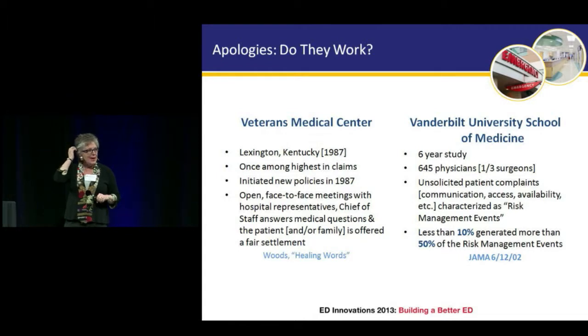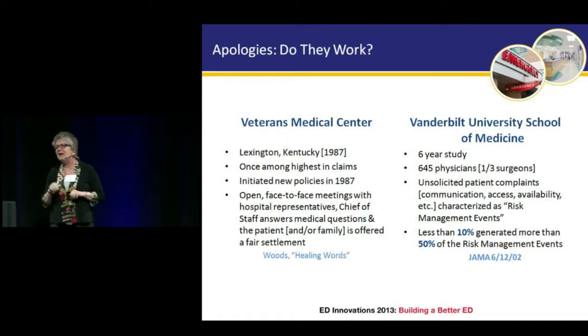It actually started in the 80s with veterans, the VA system, as we all know, a national system. The VA hospital in Lexington, Kentucky, had a higher number of claims, and the claims were more expensive than any other hospital in the VA system. So in kind of a crisis mode, this certainly didn't start as a study. It just started as how are we going to handle this?